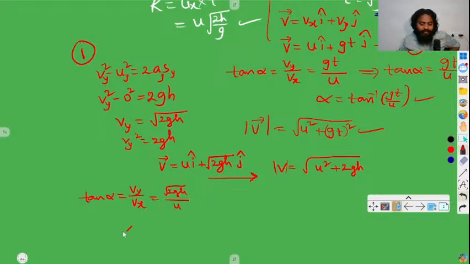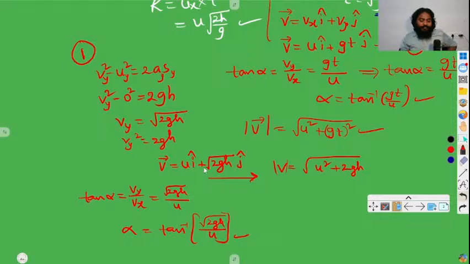So alpha equals tan inverse of root 2gh by u. This is the angle with which the object strikes the ground.